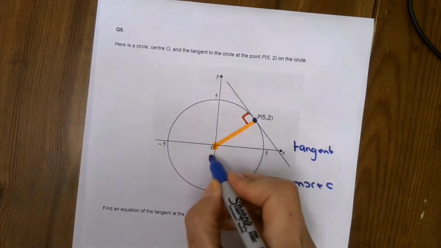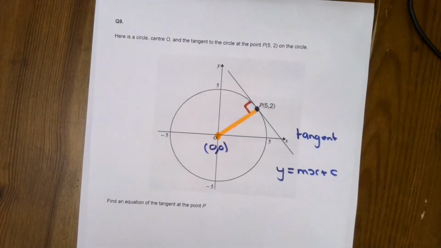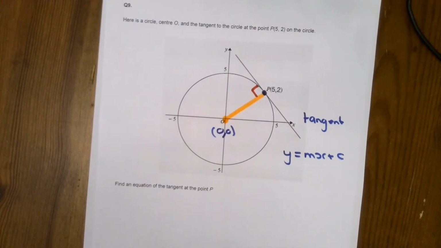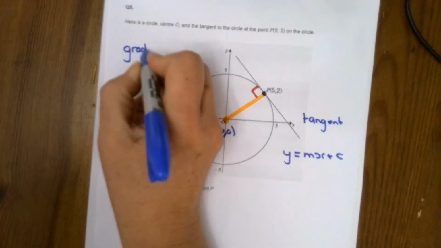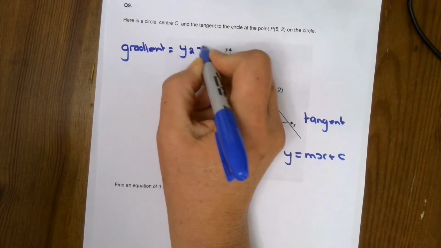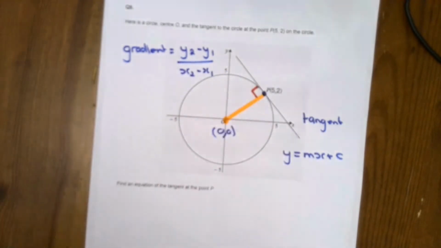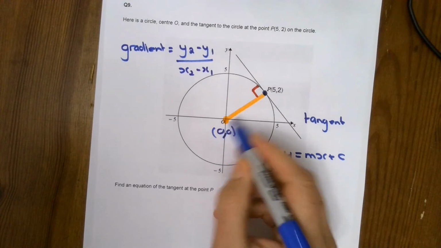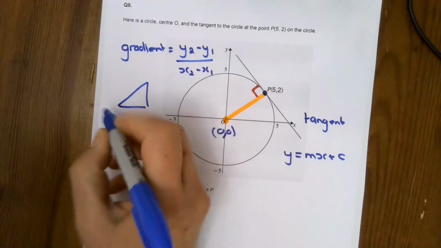Right, so the gradient of the orange line. Well, I know that the gradient of any straight line is the change in y over the change in x. So I've got my triangle here.